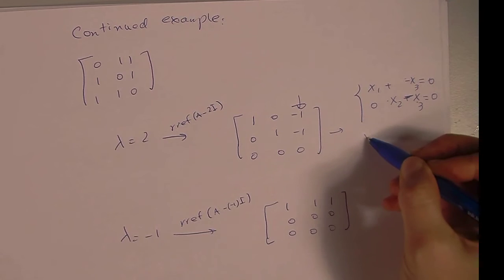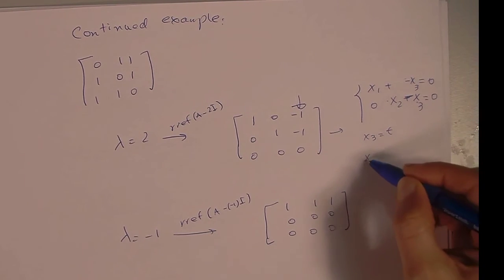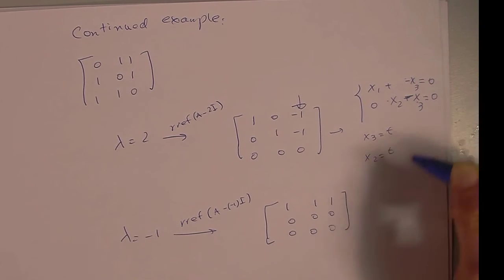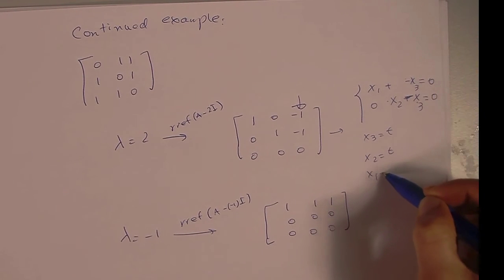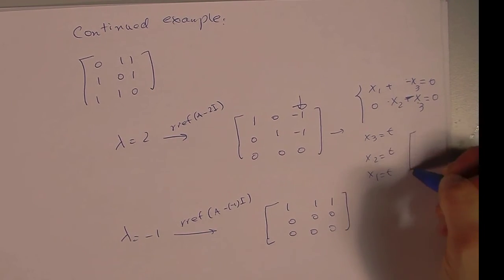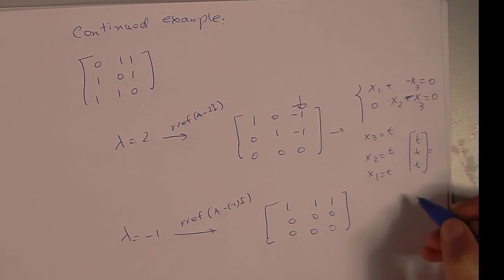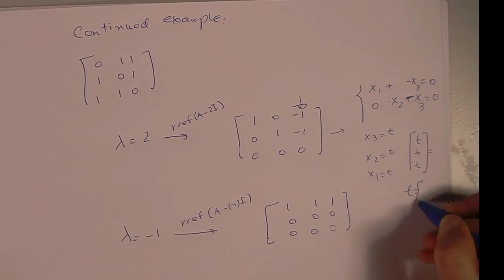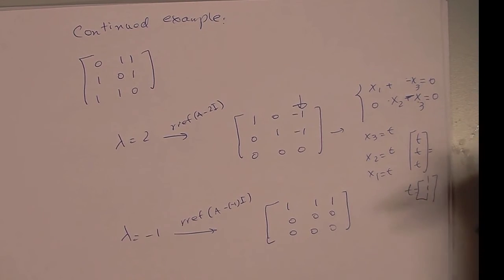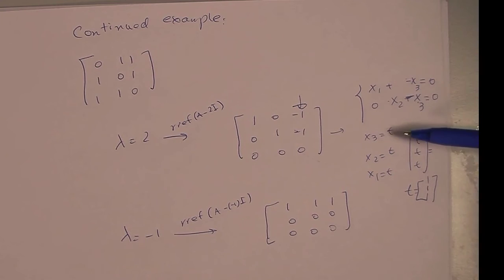Therefore, I assign x3 equal to t, put it back in, x2 is equal to t also, put it back in, x1 equal to t. Therefore, I get t times 1, 1, 1.